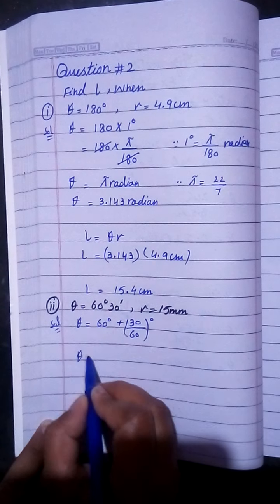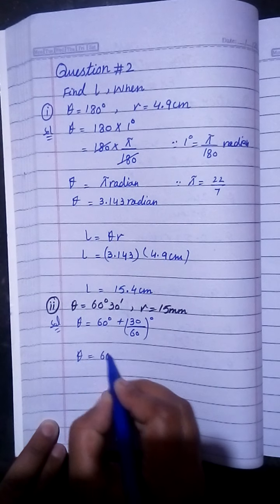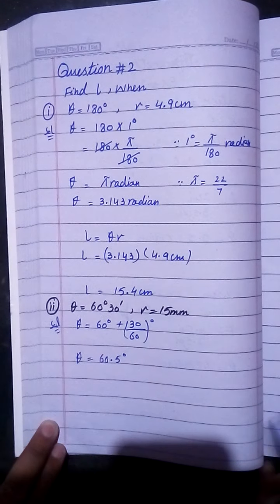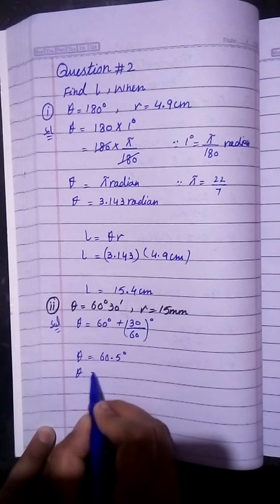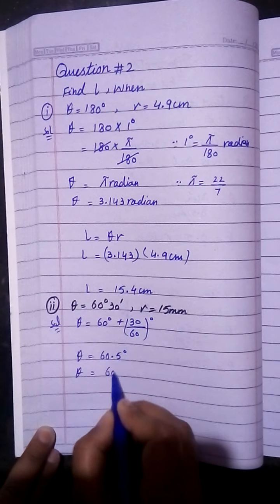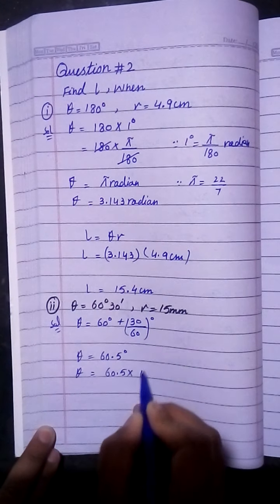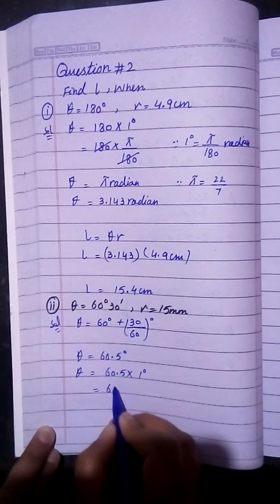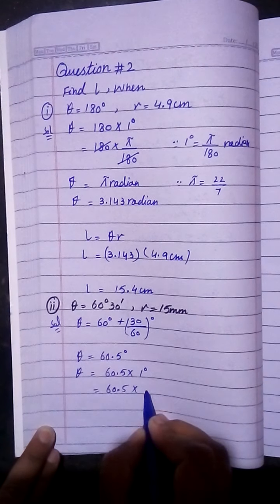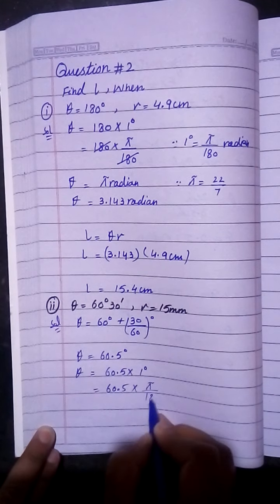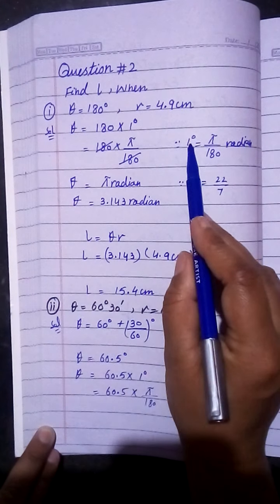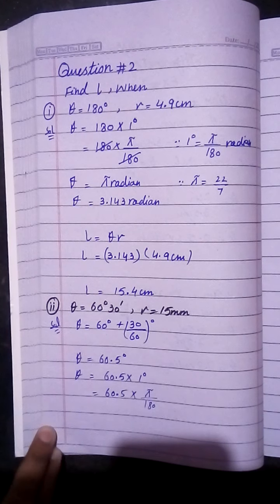Now theta equals 60.5 degree. Now you have to solve here 60.5 multiplied by 1 degree. So 60.5 multiplied by pi by 180. Here 1 degree equals pi by 180 radian.